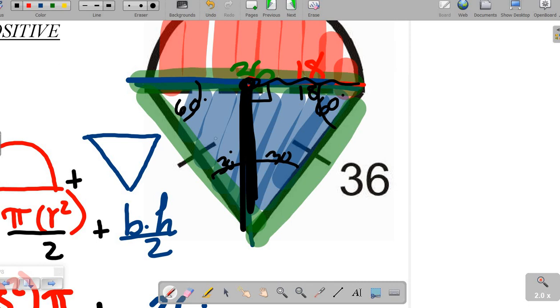Now, we could use SOHCAHTOA if you want to do this in decimal form. But since it's 30, 60, 90, I'm just going to do this in exact terms. This is going to be 18 root 3.